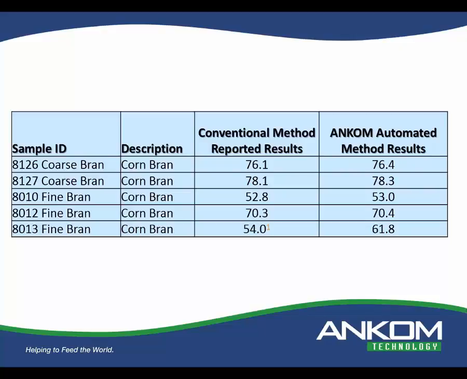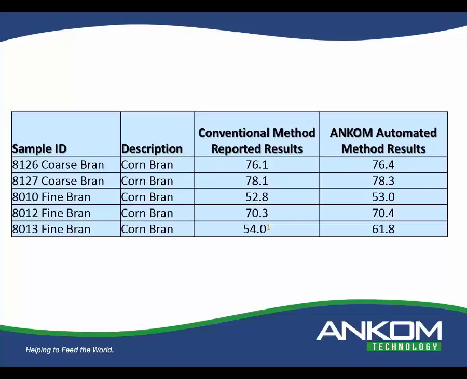It was corn bran samples that we received from a person considering purchasing our system, who ended up purchasing the system, but they sent us a series of corn brans that were different grind sizes and things like that. When they sent them to us, we didn't know at the time, but they also sent them to another lab running the conventional method. Matter of fact, a lab that we have a high regard for. We know that they have very good precision in their methodology.